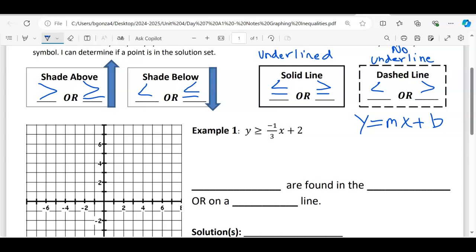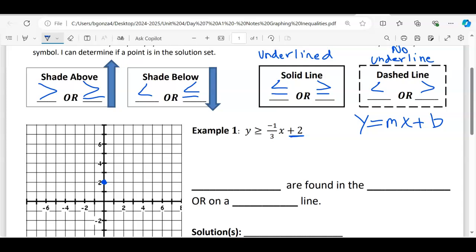Now, we do begin at positive 2. So go ahead and put a point at 2 on the y-axis, right here. Okay. So begin at the b, the y-intercept, and then rise over run.